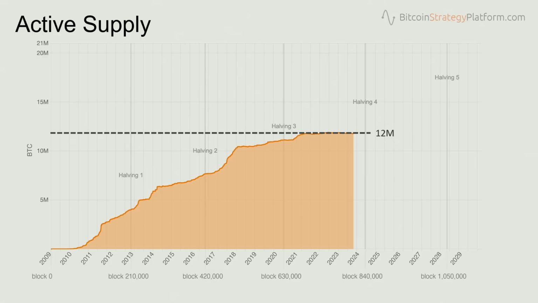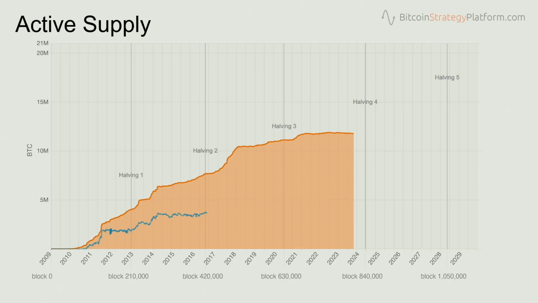So we're going to try and divide this active supply further by looking at HODL behavior. If we think of the hodlers of Bitcoin, there are two main ways to measure HODL behavior on chain.